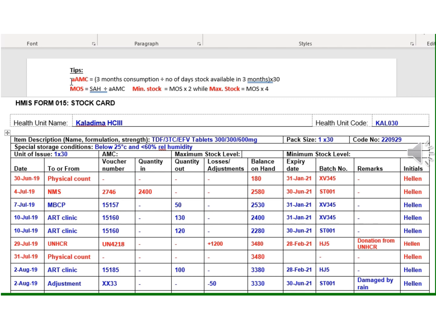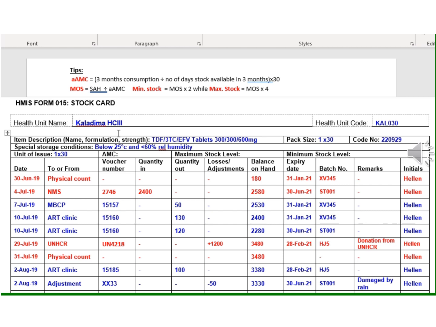However, for the sake of improving our forecast, Ministry of Health recommended a need to adjust our average monthly consumption. Why do we need to adjust? Because during the review period, when you're tracking your consumption rate, there are days when you might be stocked out.